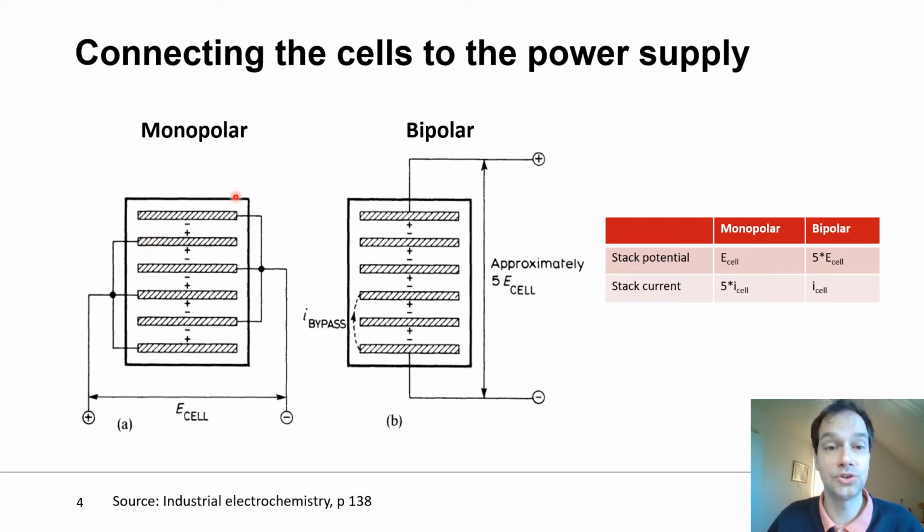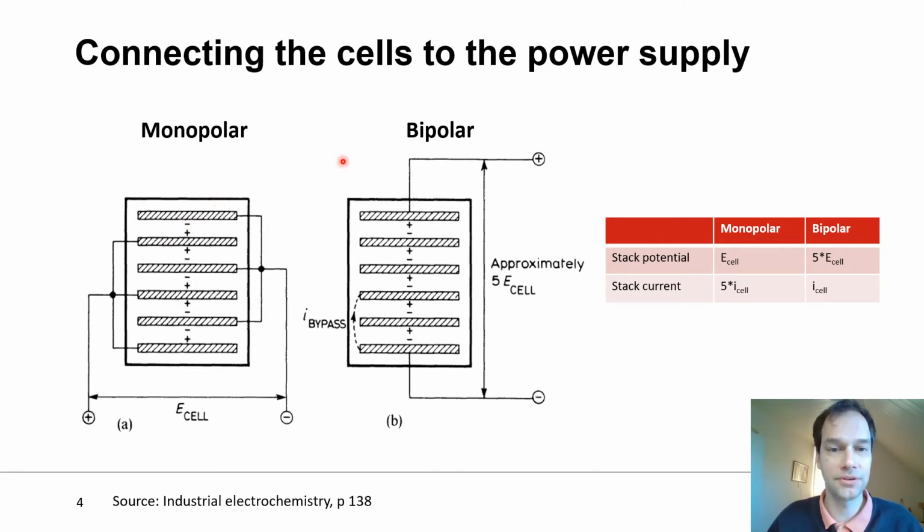At the same time, the cathodes are all individually connected. And what is interesting to see here is that we have one cell with the cathode and the anode, and on the other end you can still use the same anode also for the other cell. So it's the anode for this cell and it's the anode for that cell in the monopolar configuration.